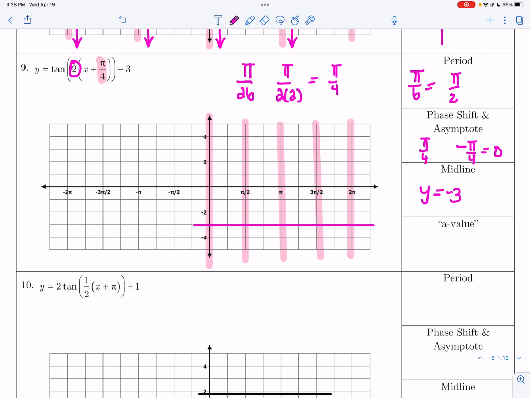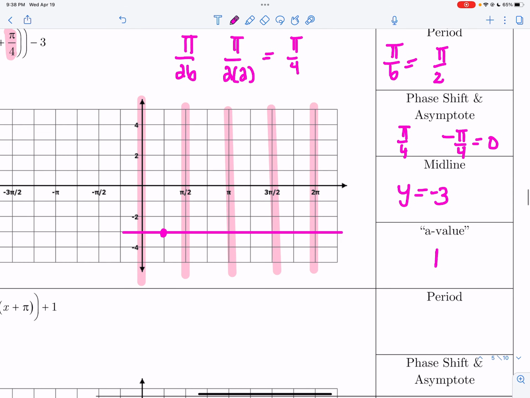Then I'm going to find a midpoint. Your a value is 1, so I'm just going to go up 1, and then down 1, based off of my midpoints. And then try to use concavity and graph.